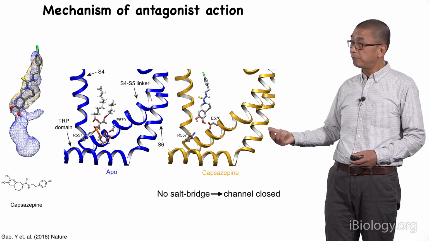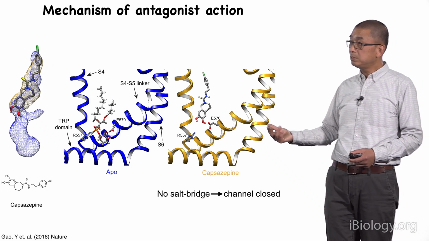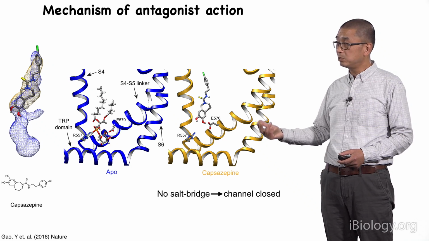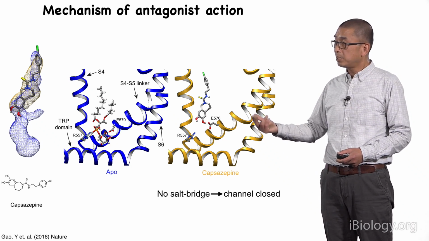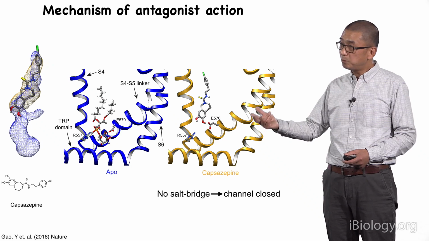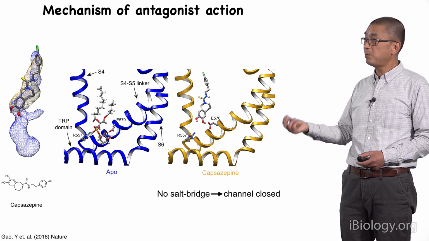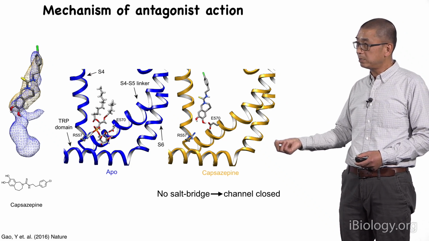Now, in the presence of an antagonist, and this is the structure of TRPV1 with capsaicin, which is a very potent antagonist, we can see that this antagonist molecule also binds to the same vanilloid binding pocket. It also displaces this lipid molecule, which originally occupied this pocket.